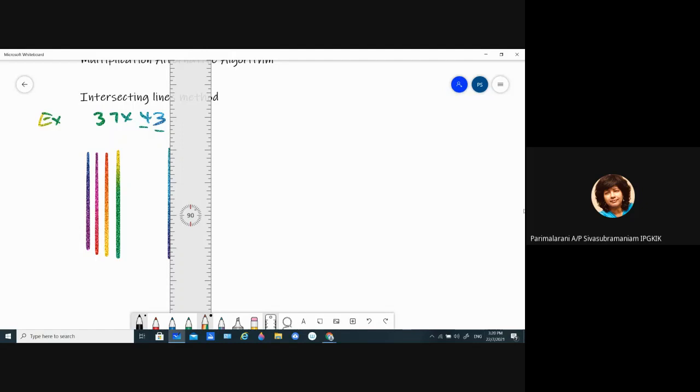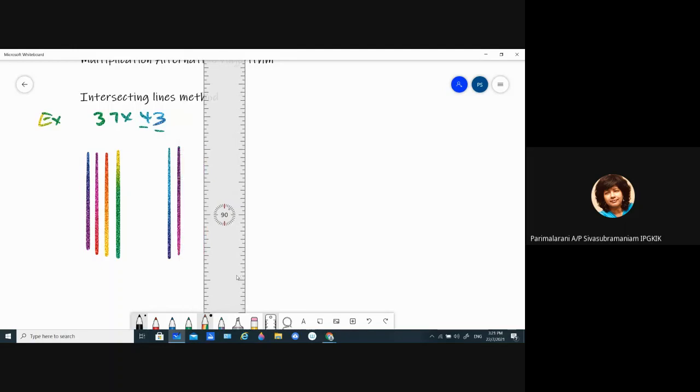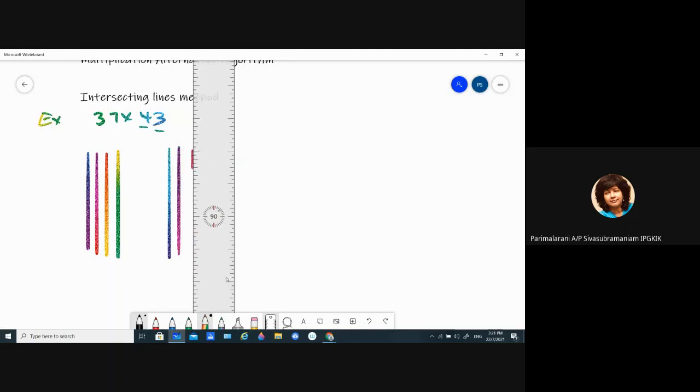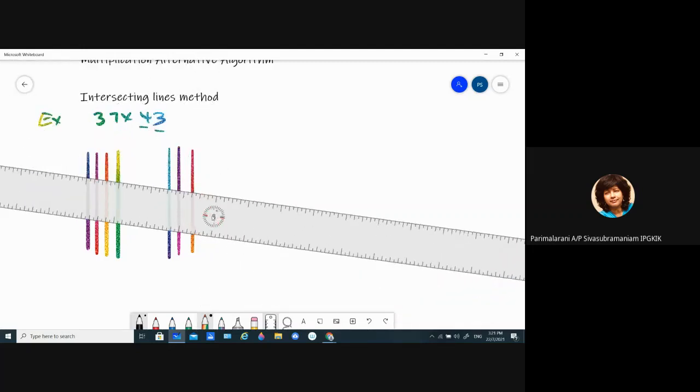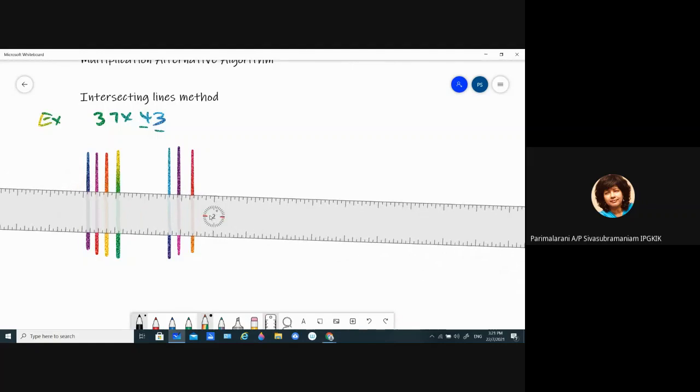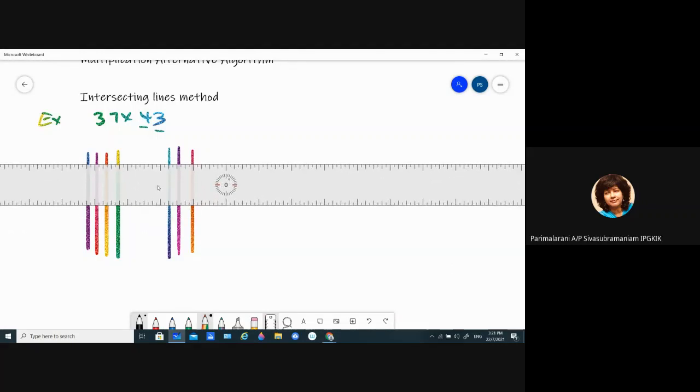1, 2, 3, okay? And then I'm going to represent the other number, okay? So the other number is 37. So I'm going to draw 3 lines and 7 lines, okay?